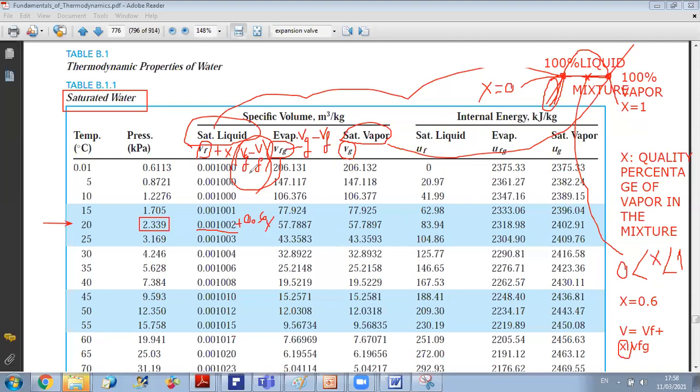To verify that your formula works well, if X equals 1, I should obtain VG. And this is what will happen, because I will have VF plus VG minus VF; VF will cancel and I will get the value VG. And for X equals 0, I will get just VF.